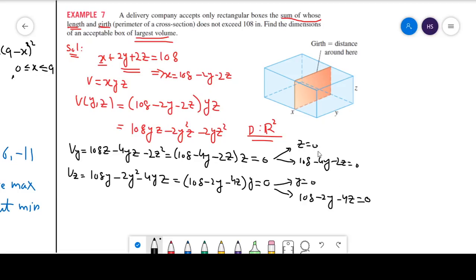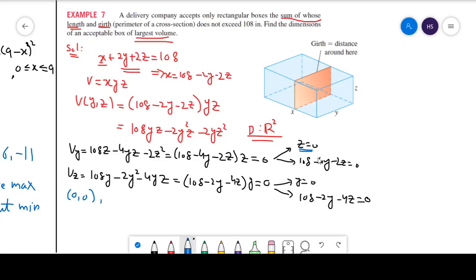So now we need to combine these two cases. Let's first assume z is equal to 0. So if z is 0 and you take y 0, that means our point is 0 0, right?